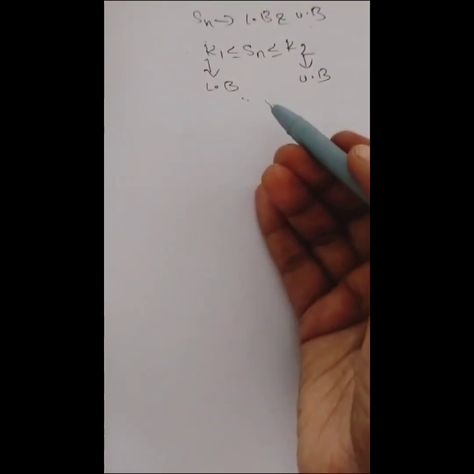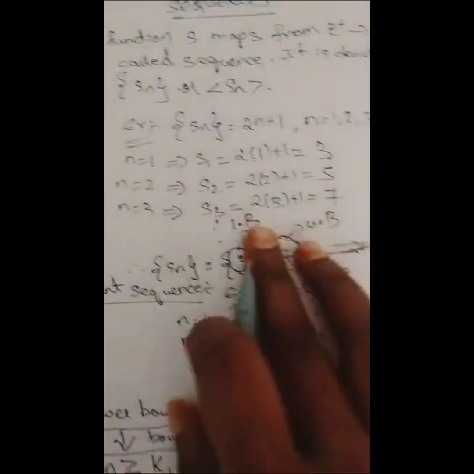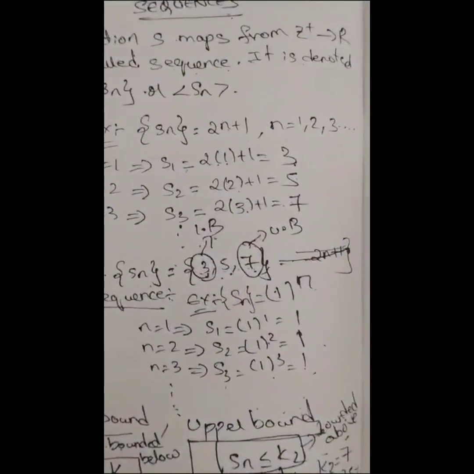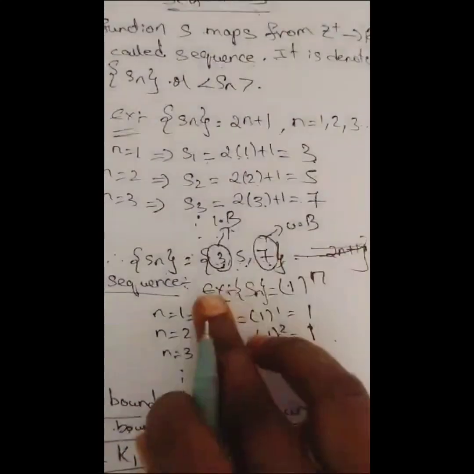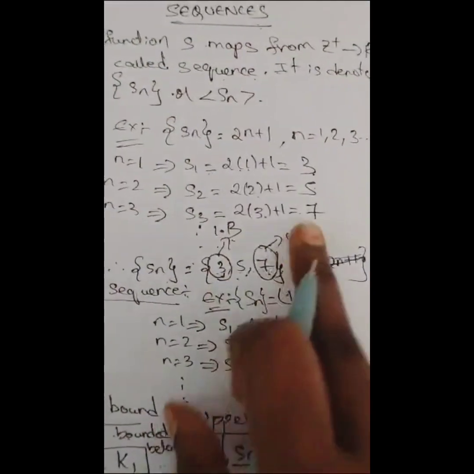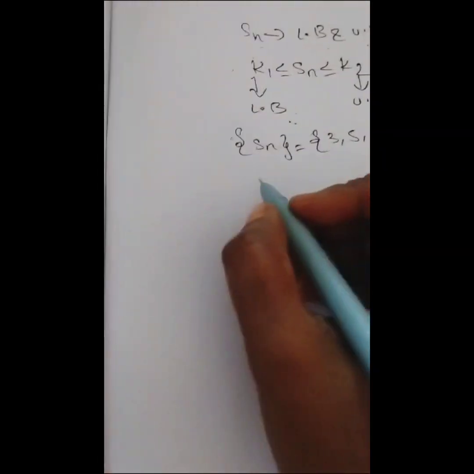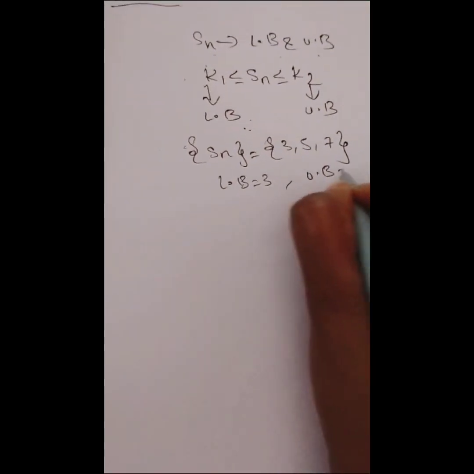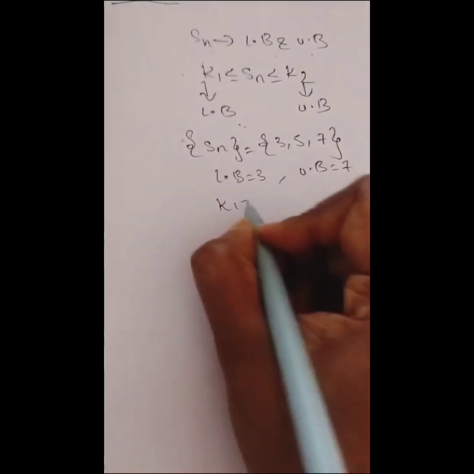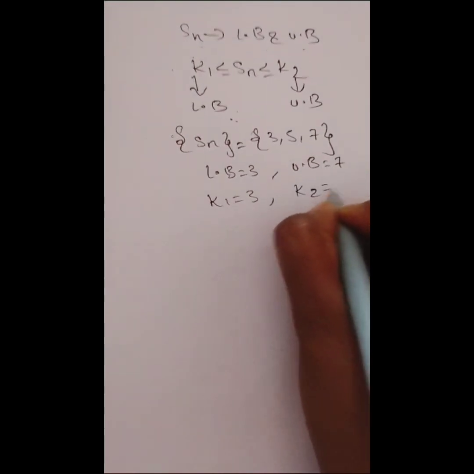So the same example we'll take here also. We have the sequence Sn equal to 3, 5, 7, and here the lower bound is 3 and the upper bound is 7. That means k1 equal to 3 and k2 equal to 7.